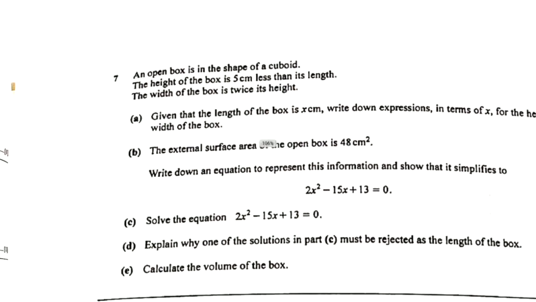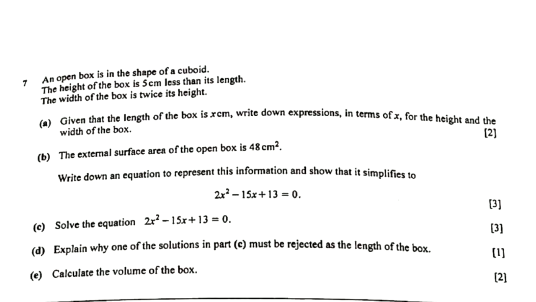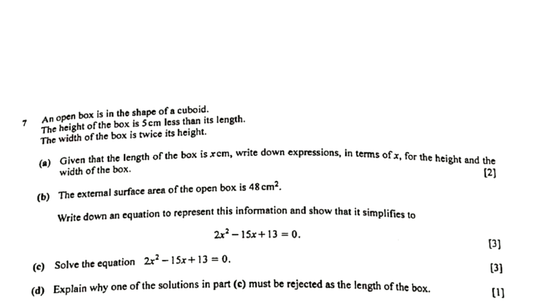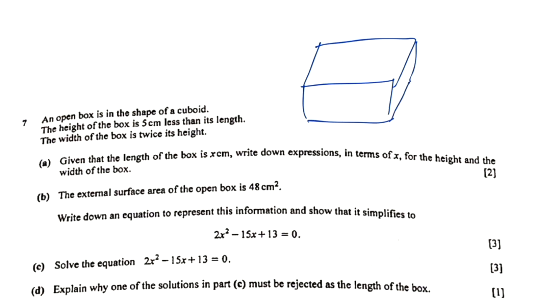Given that this is an open box, visually it looks like this. Now the height is 5 cm less than the length. The width of the box is twice its height.